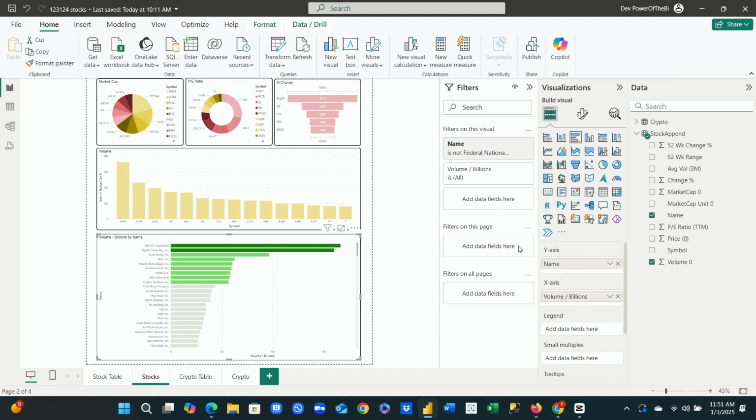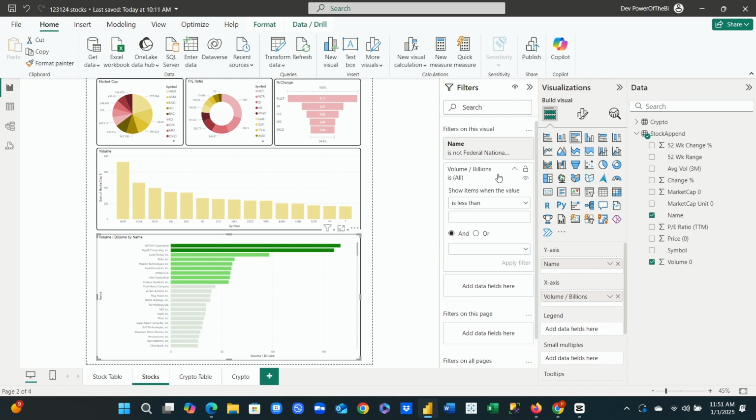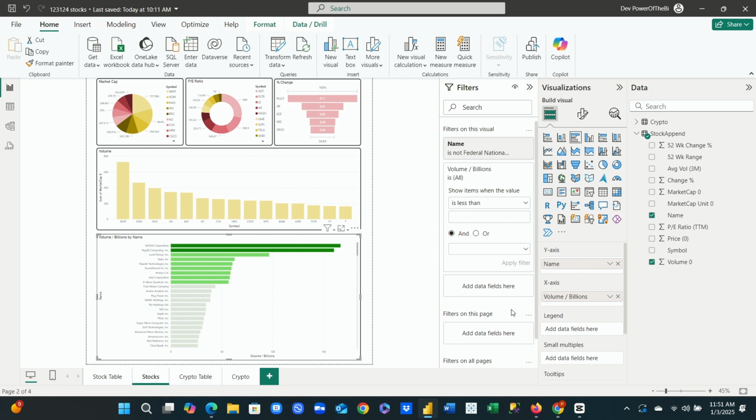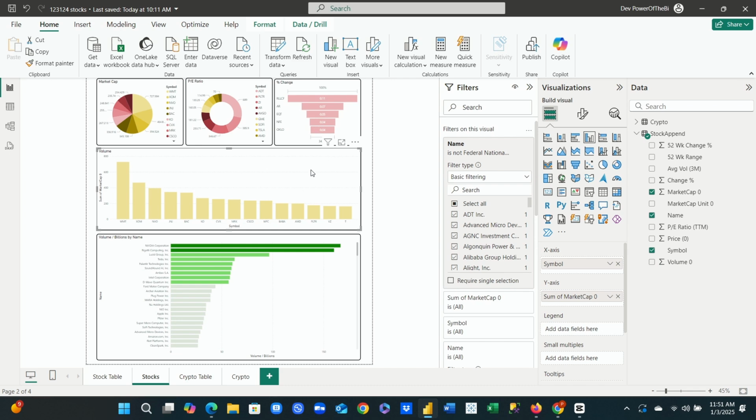So on the bar chart, I didn't filter. Let's see.